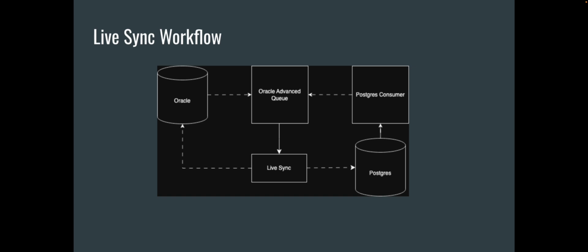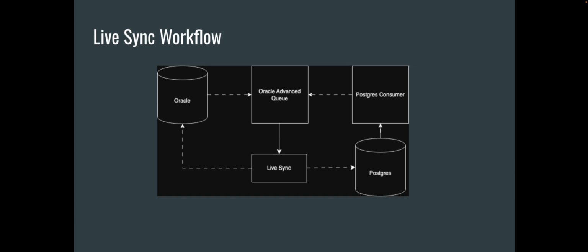And then Oracle Advanced Queue, as a high risk here, can send it over to Live Sync and then send the 8 duplicate records to Oracle. Right now, our Oracle table and our Postgres table have primary key constraints, so we cannot send duplicate records. But let's say a table does not have those constraints, we could potentially destroy the database here with the dirty records, and we don't want that.